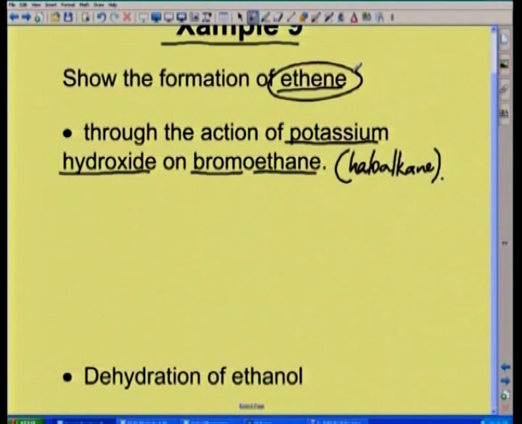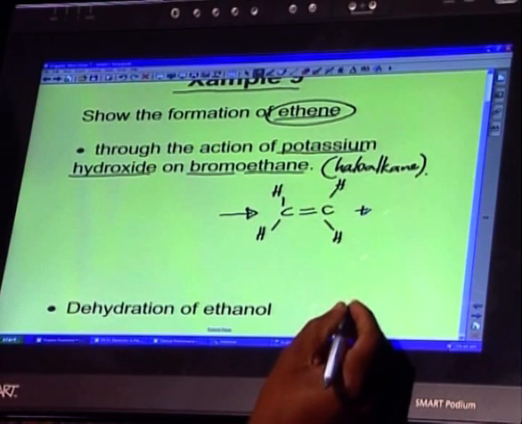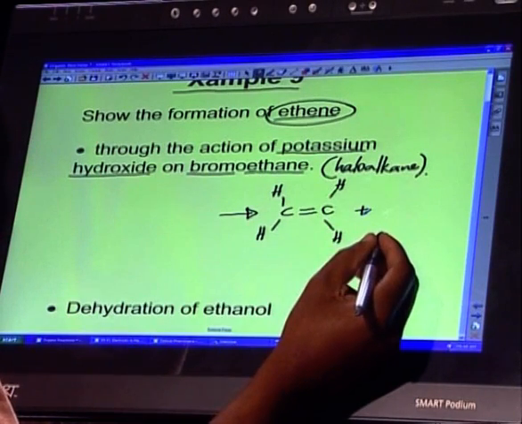So let me start with the product here. I've got ethene being formed. Okay? Something else is also going to be formed. And what is that something else?